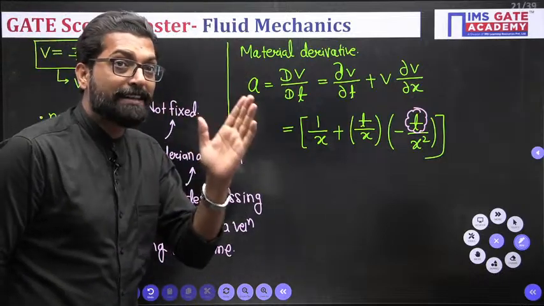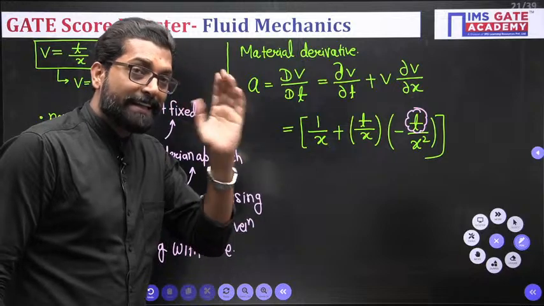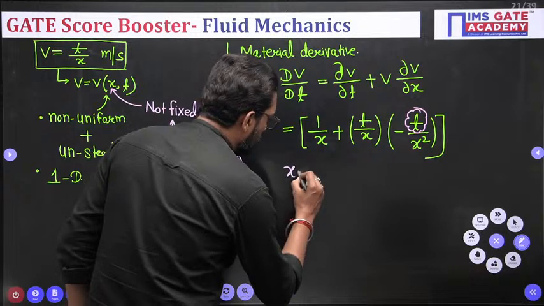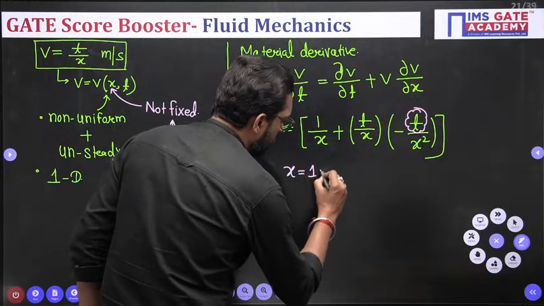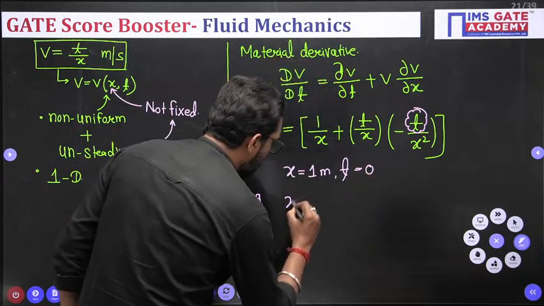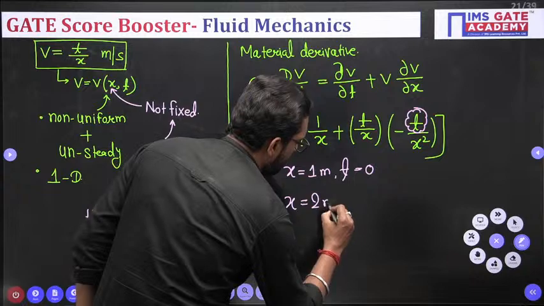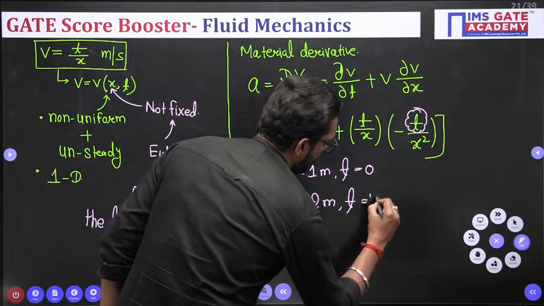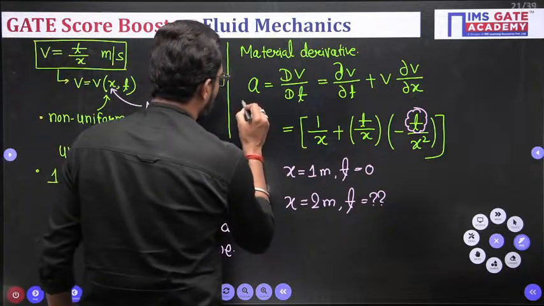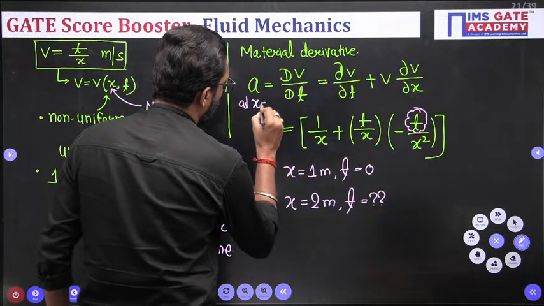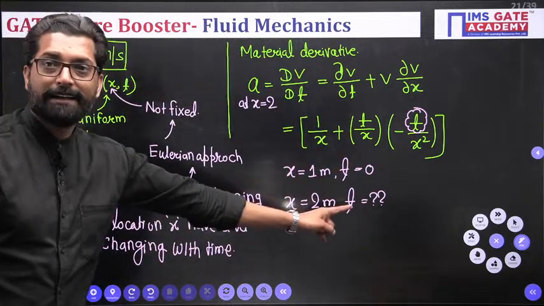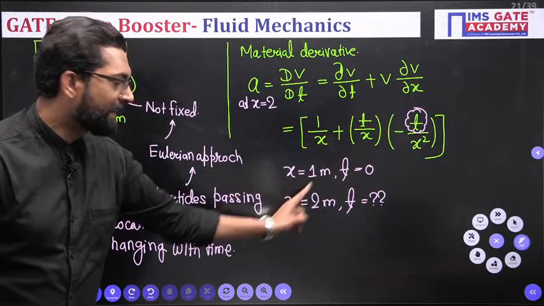We have to find the time at particle starting time: x is equal to 1 meter, the time is equal to 0. Now x is equal to 2 meter, what is the time they are asking? We have to find the acceleration at x is equal to 2, so we have to find the time at x is equal to 2.